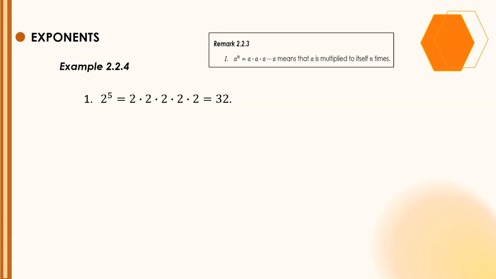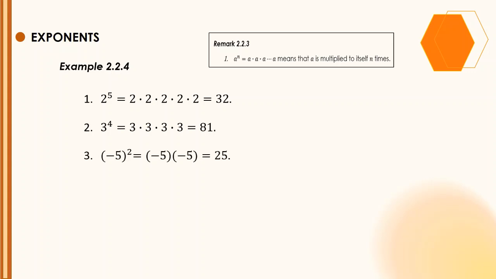So we have 32. Number 2 is 3 to the power of 4. I-multiply natin ang 3 ng 4 na beses. That is, 3 times 3 is 9, 9 times 3 is 27, and 27 times 3 is 81.